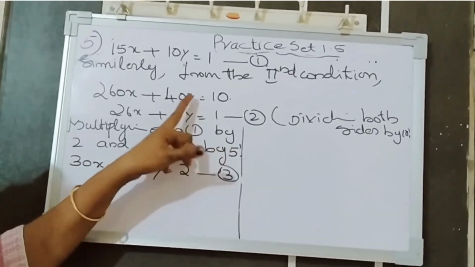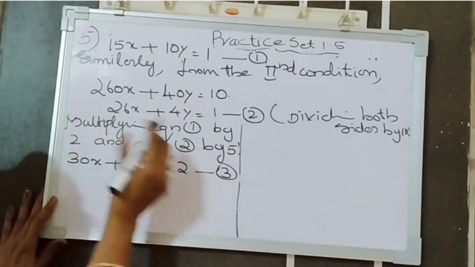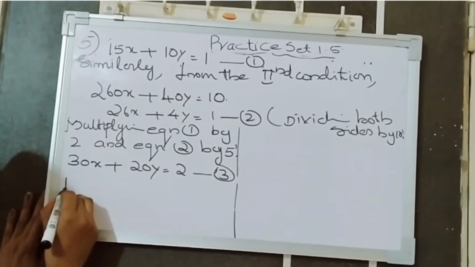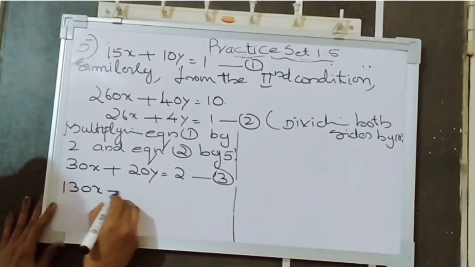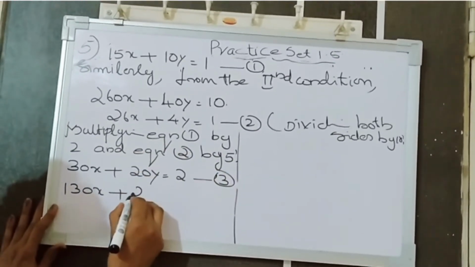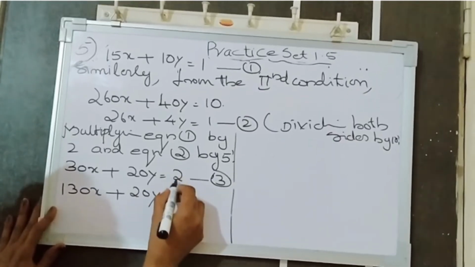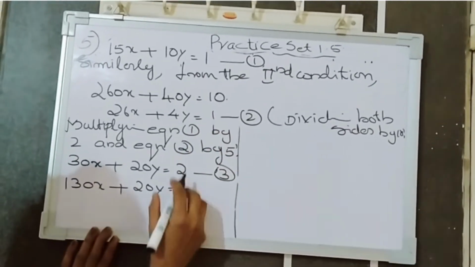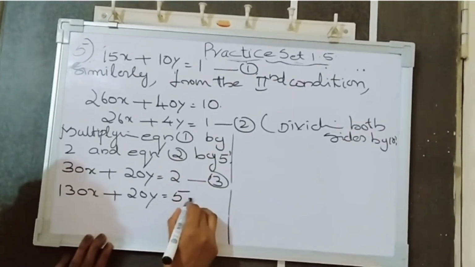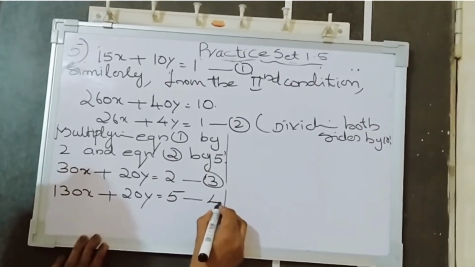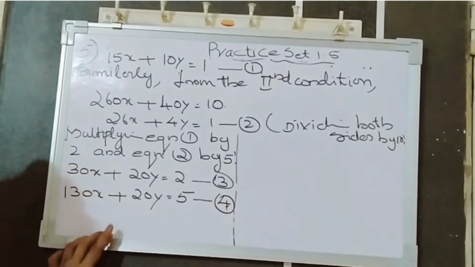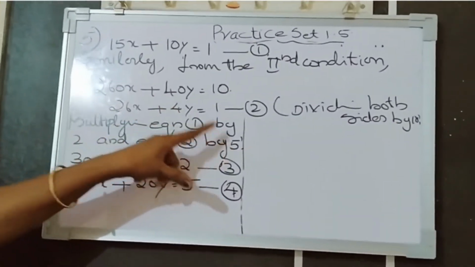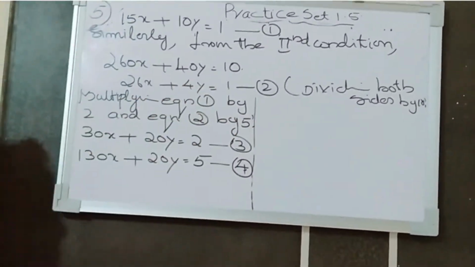The next equation, second equation multiplied by 5: 26 into 5 is 130x plus 4 5s are 20y is equal to 5 1s are 5, equation number 4.